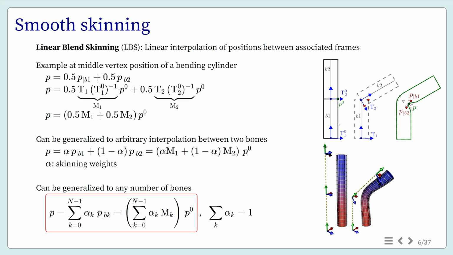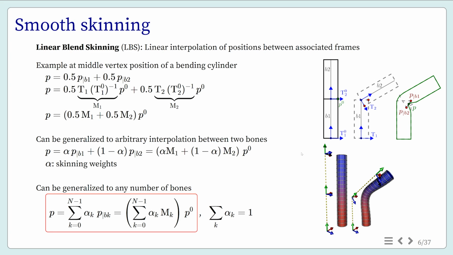And if you are at the bottom of the cylinder, we may have a greater weight with respect to the bone B1. So in general, we can say that P is equal to alpha times P with respect to B1 plus 1 minus alpha times P with respect to B2, or I can express it with the transformation matrices associated to bone 1 and bone 2. And alpha is called the skinning weights.